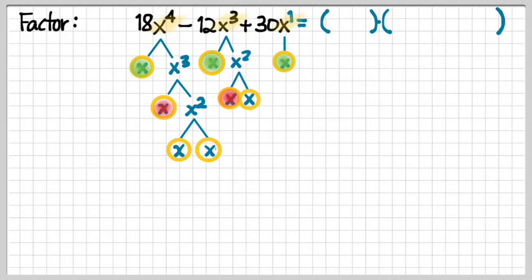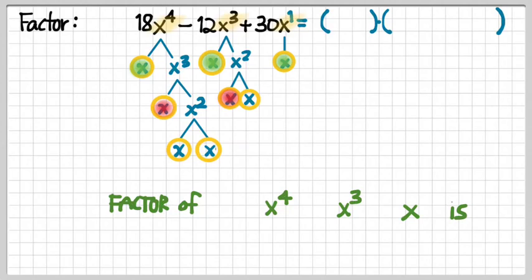We say that, first of all, that x is a factor of the monomials x to the 4th, x to the 3rd, and x. It's a factor of all 3 of them, and so we call it a common factor.